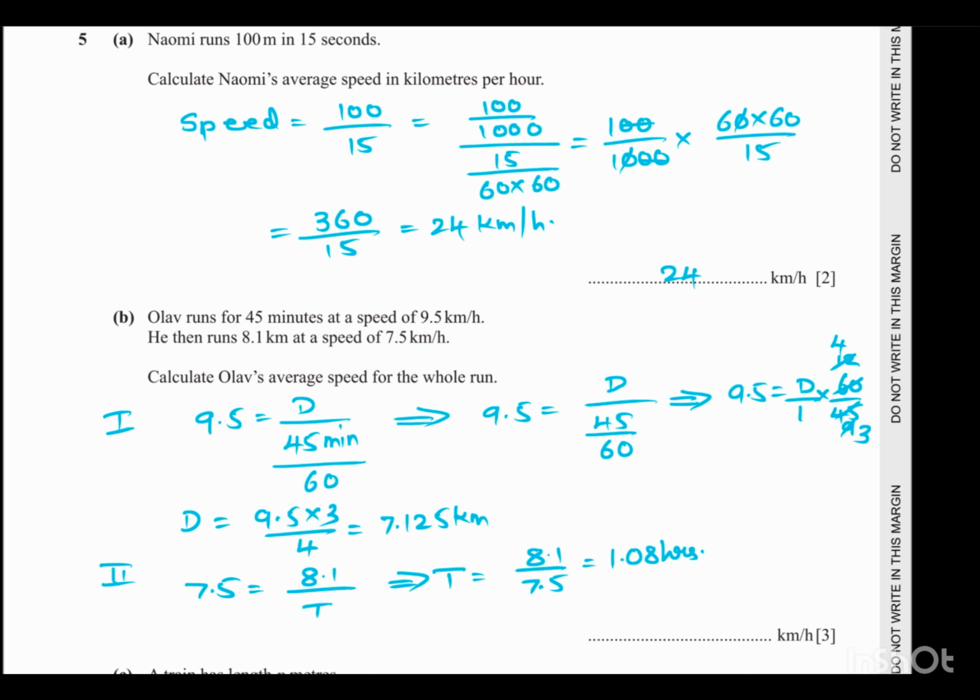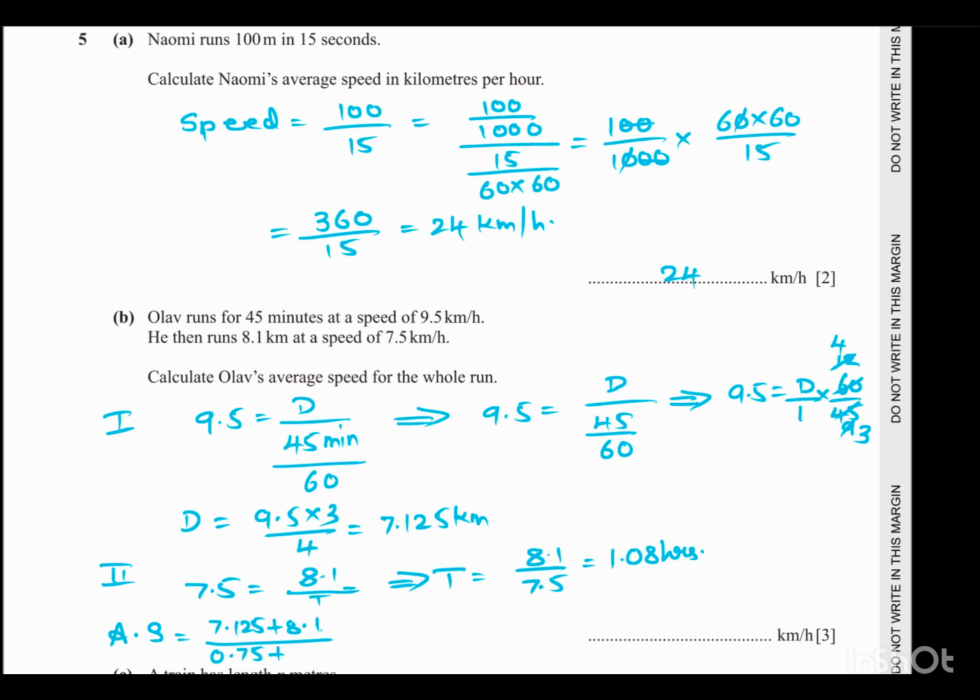So here the average speed will be total distance, which is in the first case we got 7.125 and in the second case it is given 8.1 by, let me write it clearly, 8.1 by total time taken will be 0.75 plus.